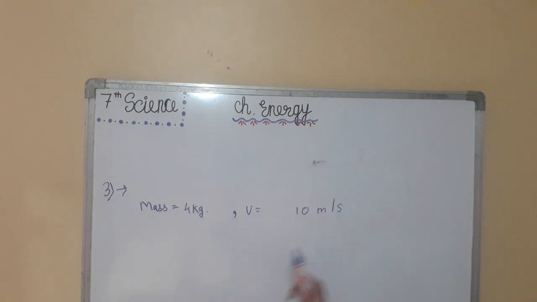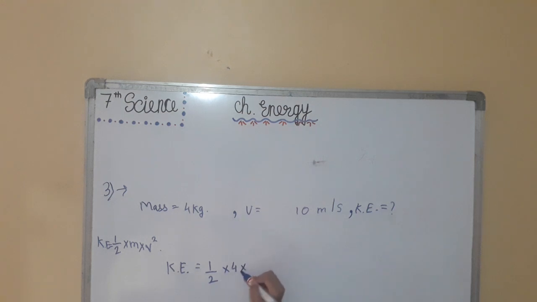We have to find kinetic energy. The formula is kinetic energy is equal to half into mass into velocity square. Therefore, kinetic energy is equal to half into mass, 4 kg, and velocity is 10, 10 square.